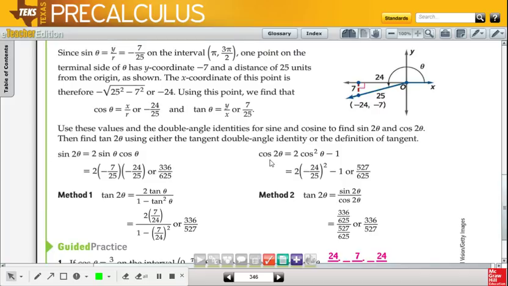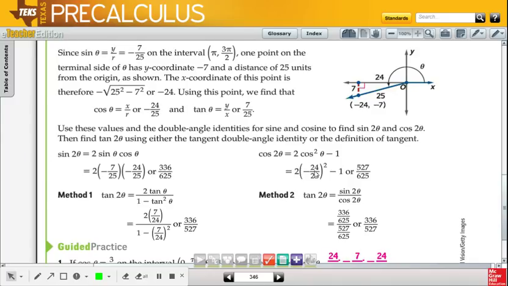And to find cosine 2 theta, using one of the identities, 2 times cosine squared of theta minus 1. So all we do is plug in cosine of theta. So it's going to be 2 times negative 24 over 25 squared minus 1. Just remember your PEMDAS.